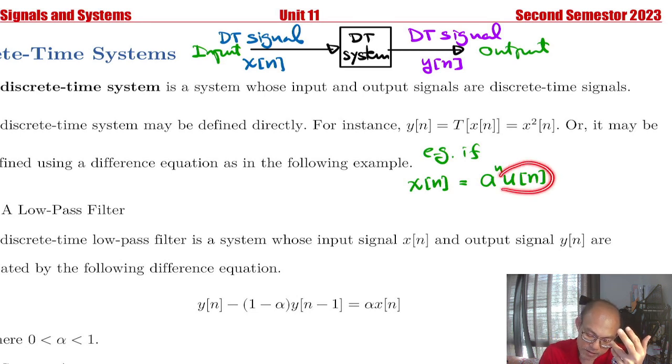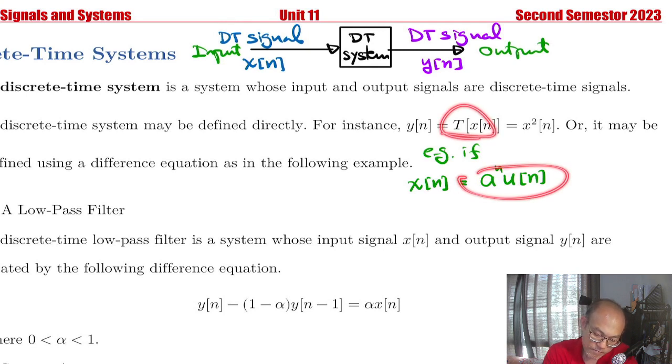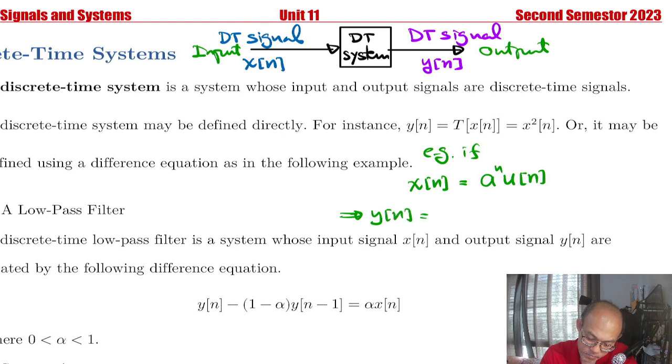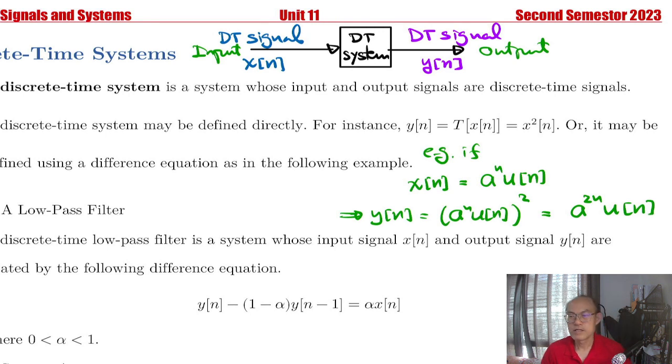Here I'm multiplying a to the n by u, so basically I'm starting a to the n at time 0. So if I apply this signal to this system, then y[n] would be a to the n u[n] squared, and that would be a to the 2n u[n].